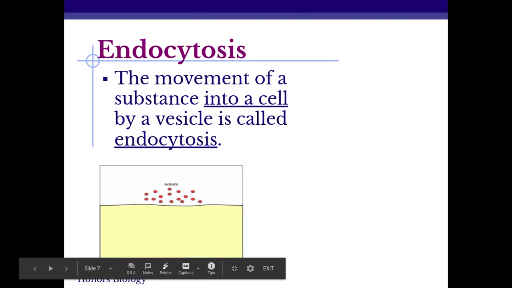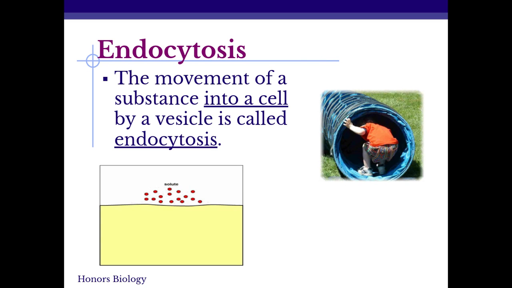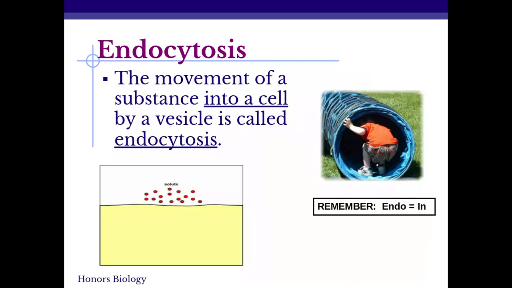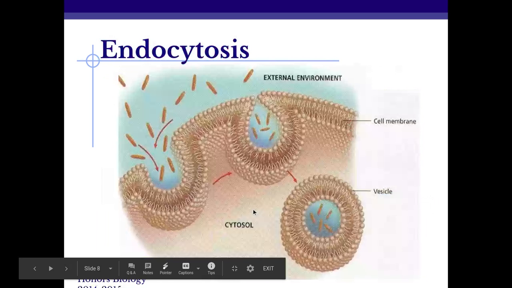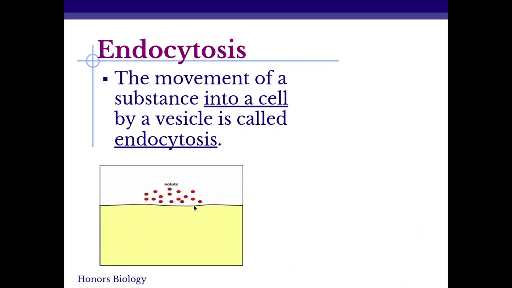So the way that endocytosis works is I have a molecule on the outside of the cell and it needs to go in. Is it going to do it? Guess it's not going to do it.